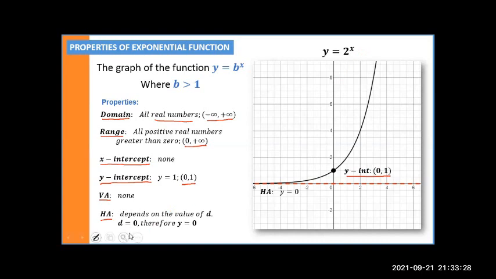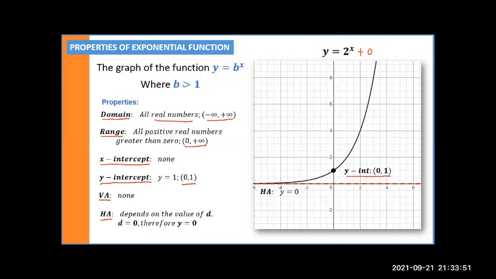Kaya actually 0. Ibig sabihin plus 0 yan. So, ang value ng d ay 0. Therefore, y is equals to 0. So, ang HA natin ay nasa y is equals to 0 or katumbas ng x-axis. Okay. So, that is the behavior of this function.